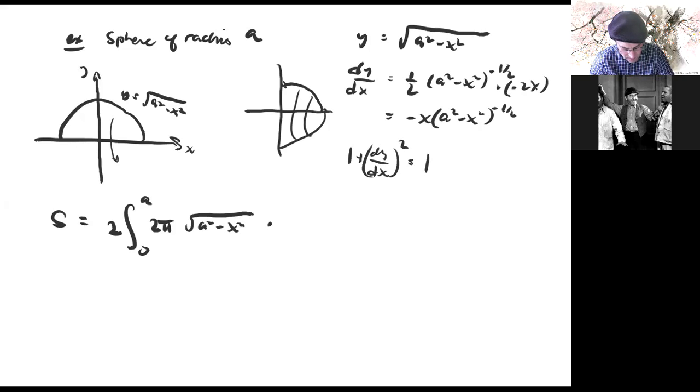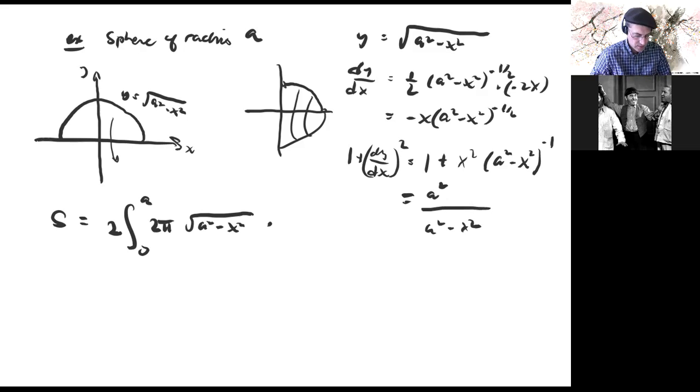plus, when I square this, an x squared times an a squared minus x squared to the minus 1 power. So in other words, I can rewrite this by combining fractions as a squared minus x squared plus x squared, so a squared over a squared minus x squared.